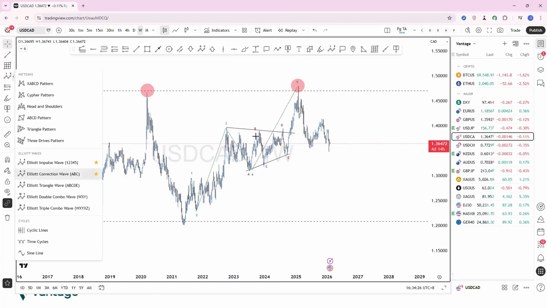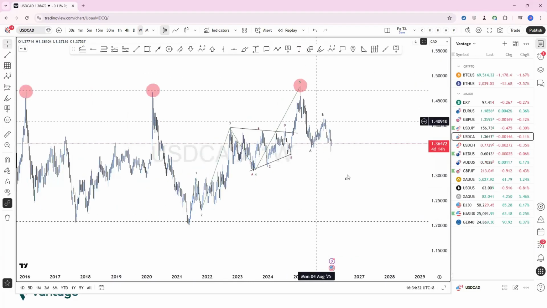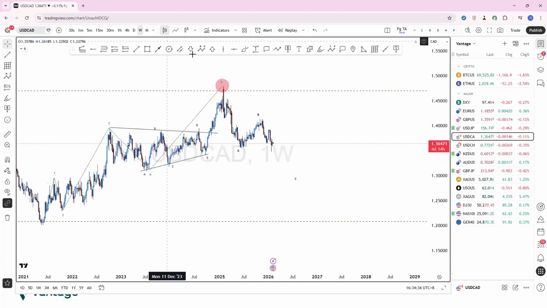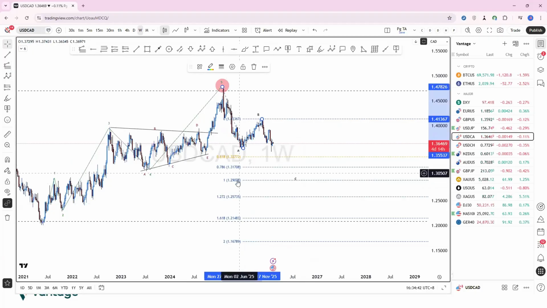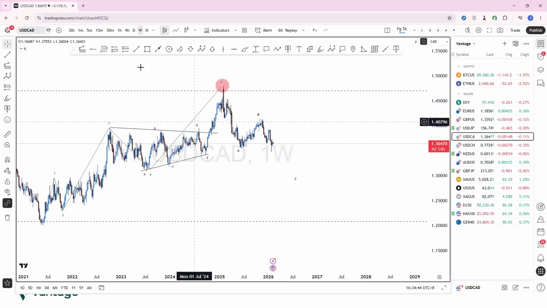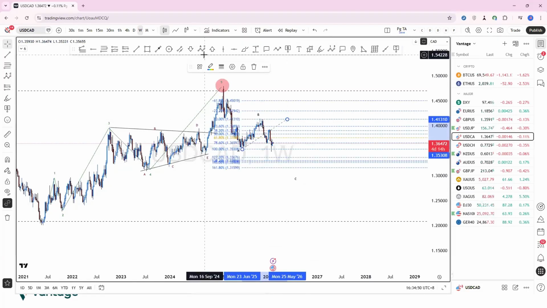Now I'm using the yellow wave, A, B, and this is going to be C. See here, 100% plus extension right there.